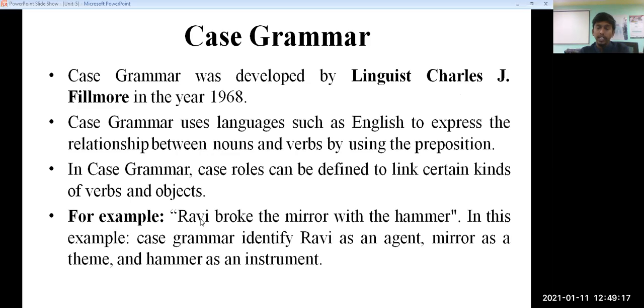Because Ravi is a name and a noun, he is considered an agent. Mirror is taken as a theme, because Ravi is working with a mirror, and hammer as an instrument. This is how it comes to a conclusion. We have given only one line as input, and from that input sentence it is trying to understand some semantics using case grammar. This is how case grammar will try to understand things in your applications of NLP.